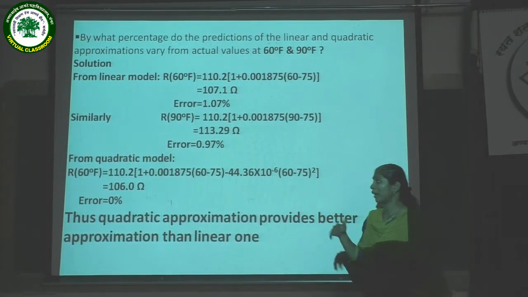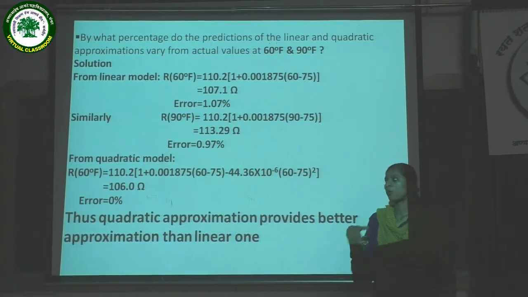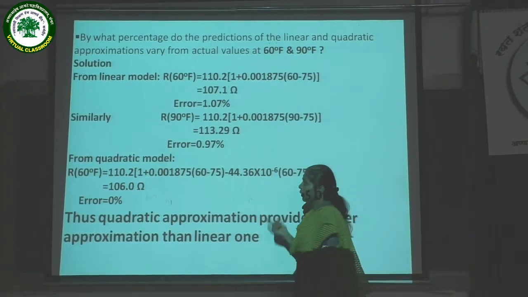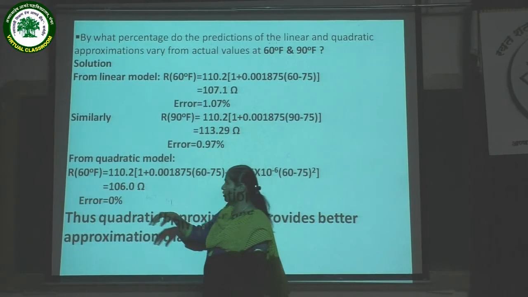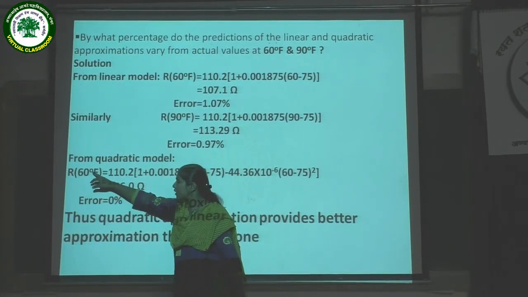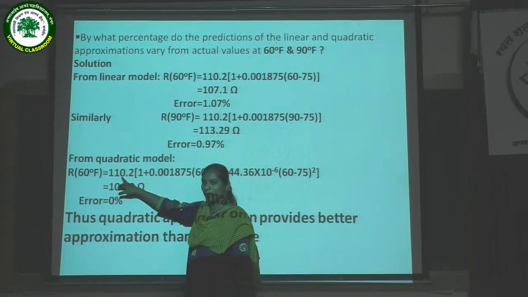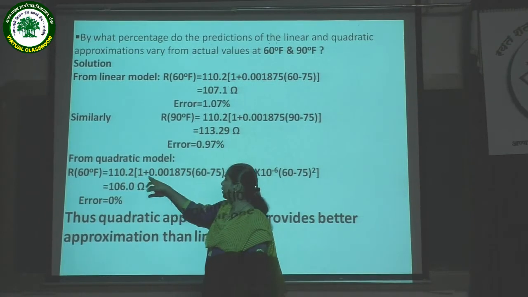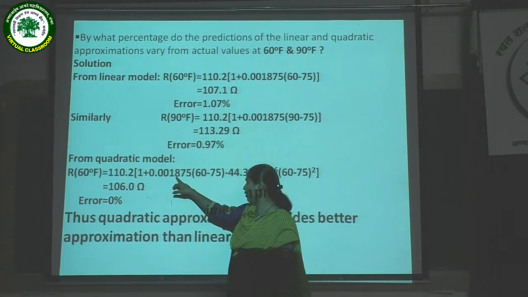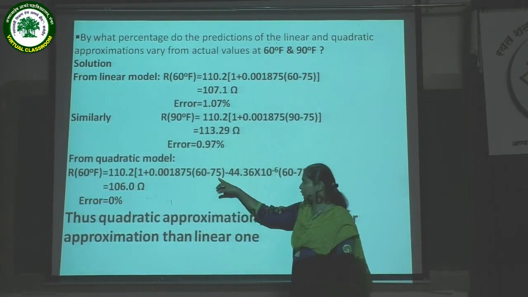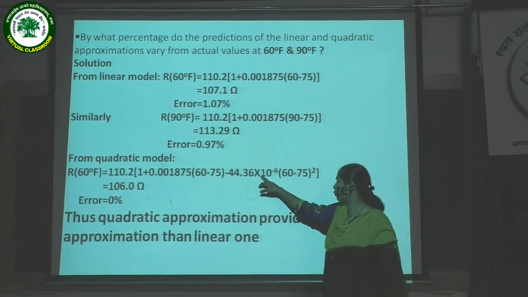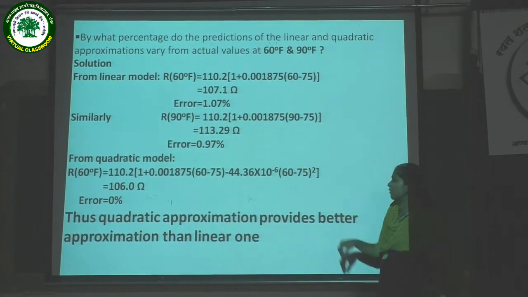Let us see whether the error increases or decreases for the case of the quadratic model. Again we will consider the earlier equation, that is R at 60 degrees Fahrenheit is equal to RT0, we have substituted 1 plus this value for alpha 1, 60 minus 75, this value for alpha 2, and in bracket 60 minus 75 its square.